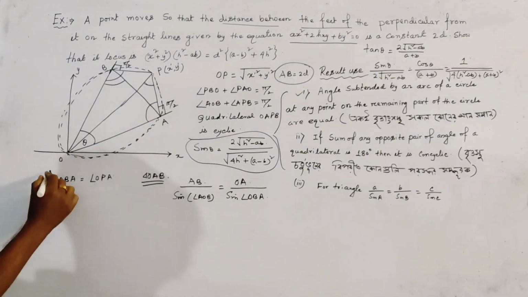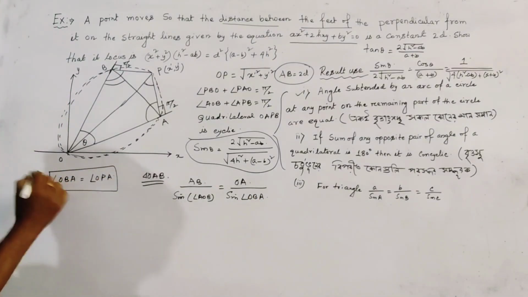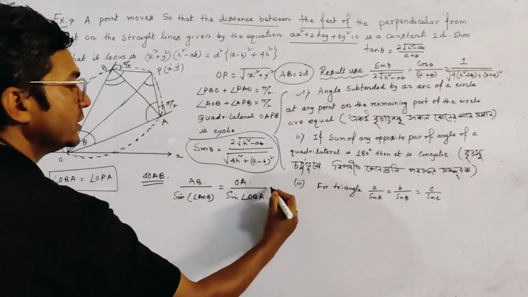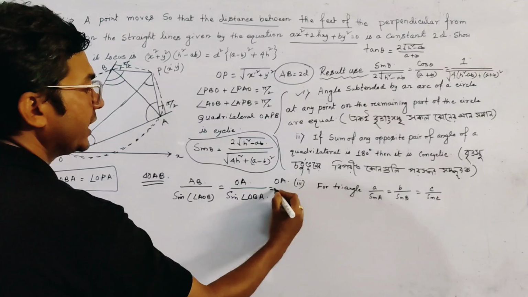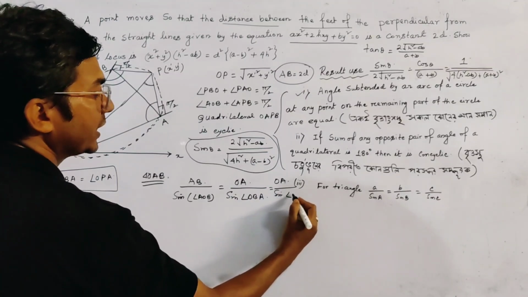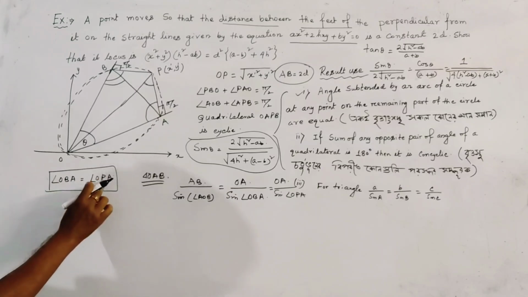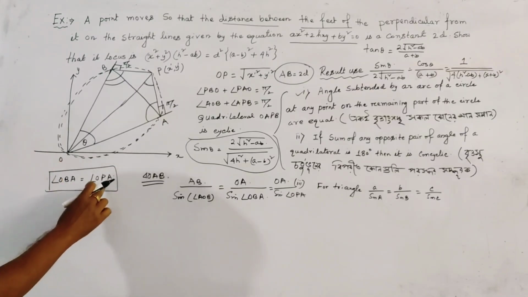We already proved angle OBA is equal to angle OPA. So we write this is equal to OA by sine angle OPA.